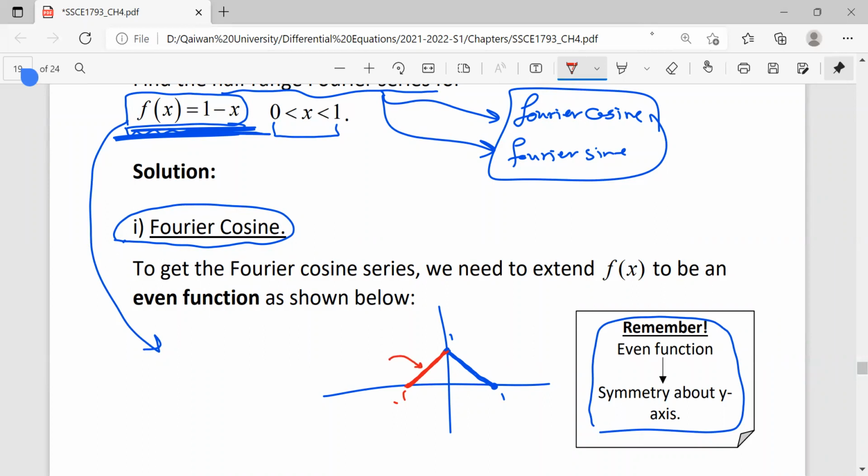We can get the function from this graph. The graph is starting from this point to that point. We can use the equation of a line to get the equation.